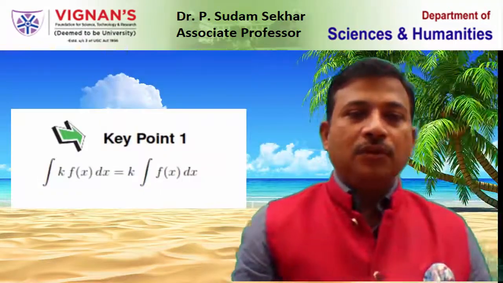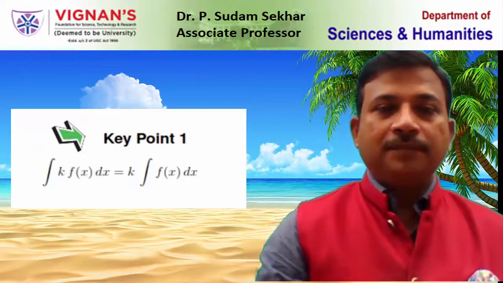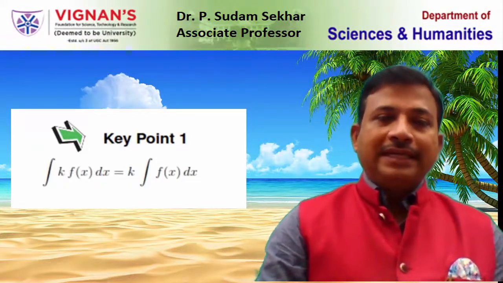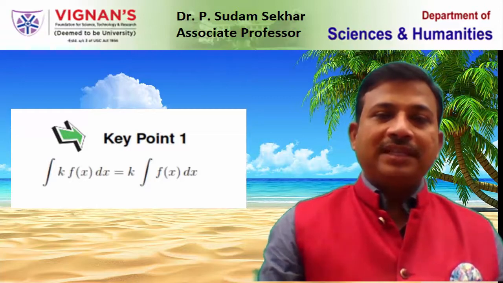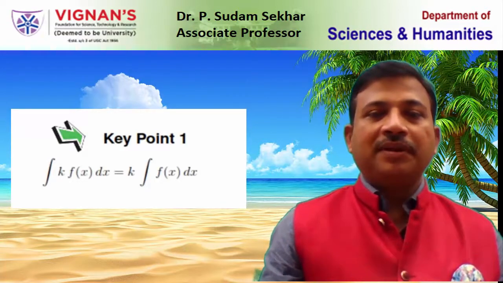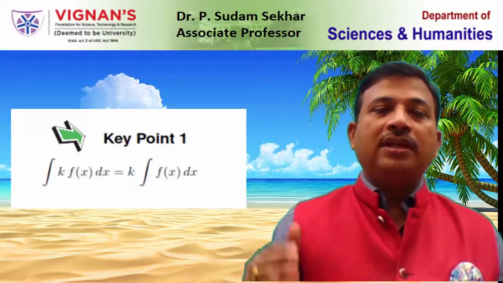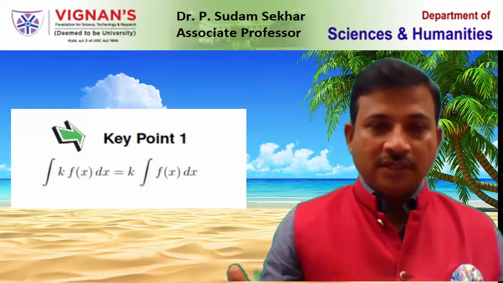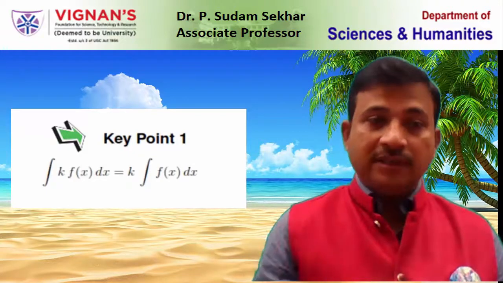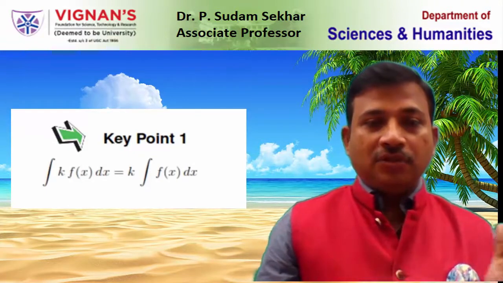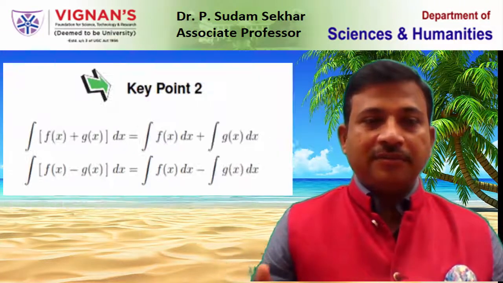Let us see some rules of integration. First rule. Integration of k into f of x dx equal to k into integration of f of x dx, where k is any constant. So if any constant is multiplied with a function f of x and we are integrating, then k must come outside, then integration of f of x dx you have to do.